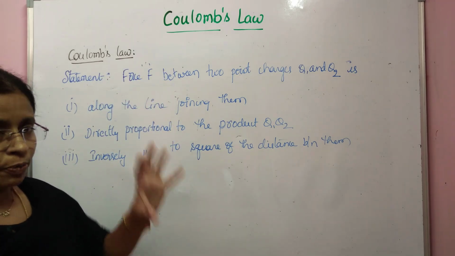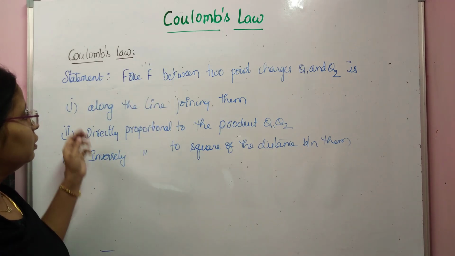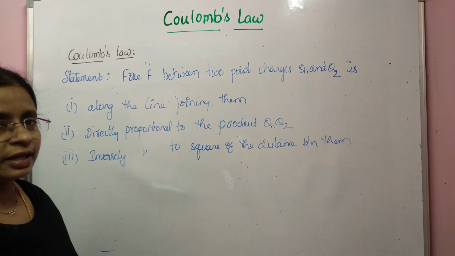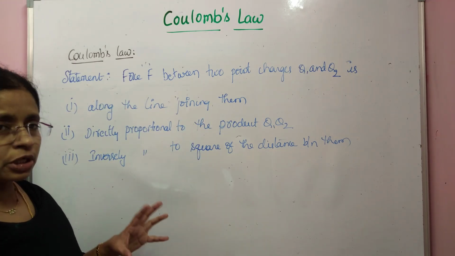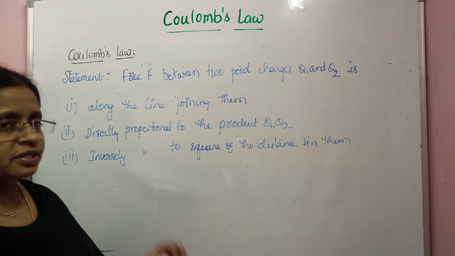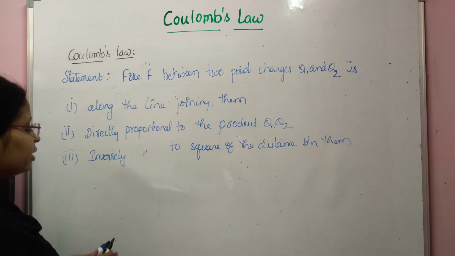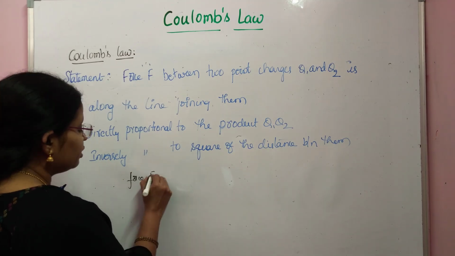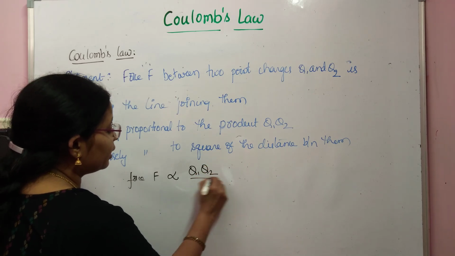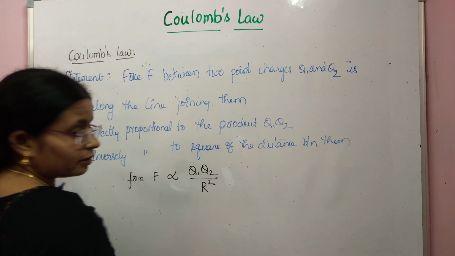So if there are 2 point charges Q1 and Q2, the force between them is along the line joining them, directly proportional to the product of the two charges, and inversely proportional to the square of the distance. Mathematically, the force F is proportional to Q1 Q2 by R square.